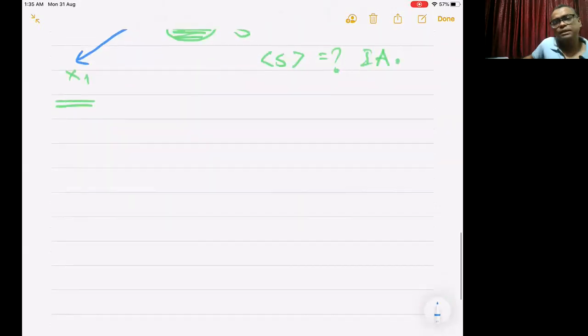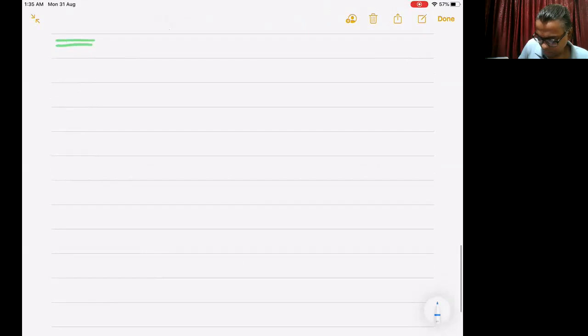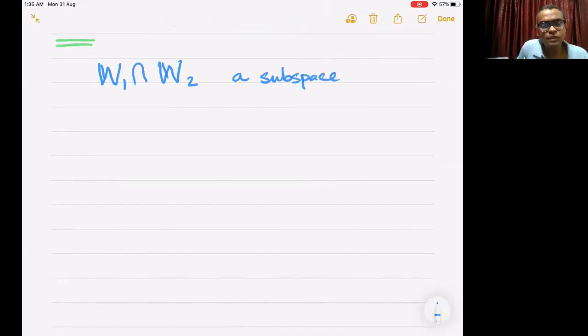Now, once we did this, we also looked at two very important concepts concerning subspaces, namely intersection of subspaces, W1 intersection W2, and we saw that intersection of subspaces is always a subspace. It's by default a subspace. However, union of two subspaces is not in general a subspace, but one can look at the span of the union.